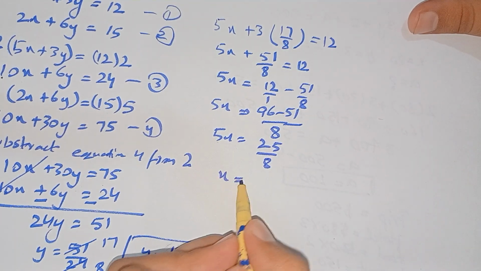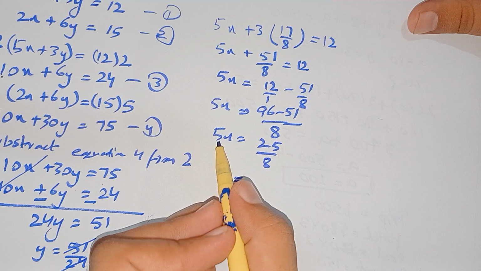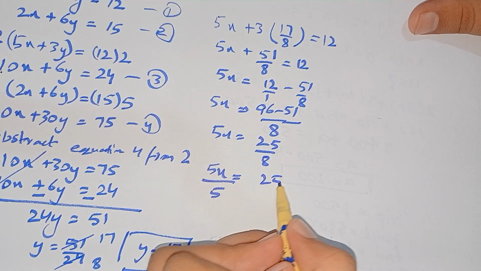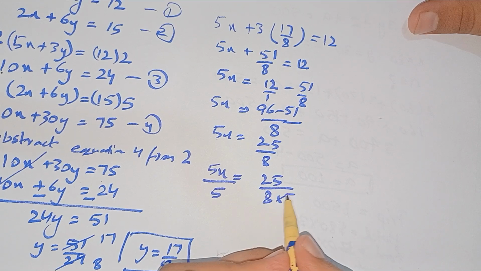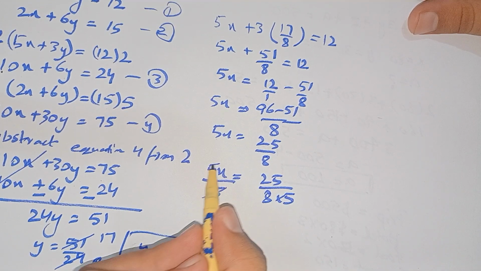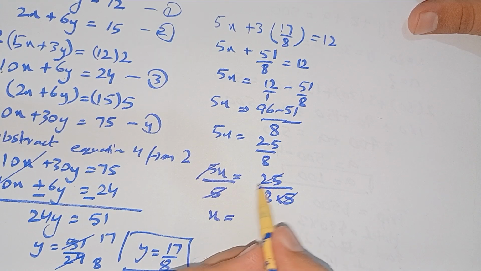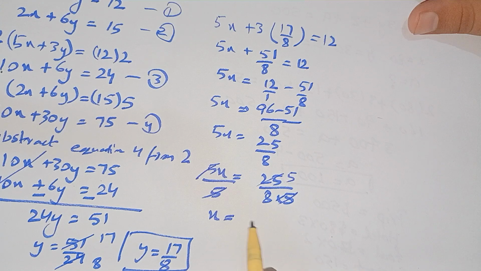Then to find x, we divide by 5 on both sides. The 5 cancels, and this 5 cancels from 25, so our x is 5 by 8.